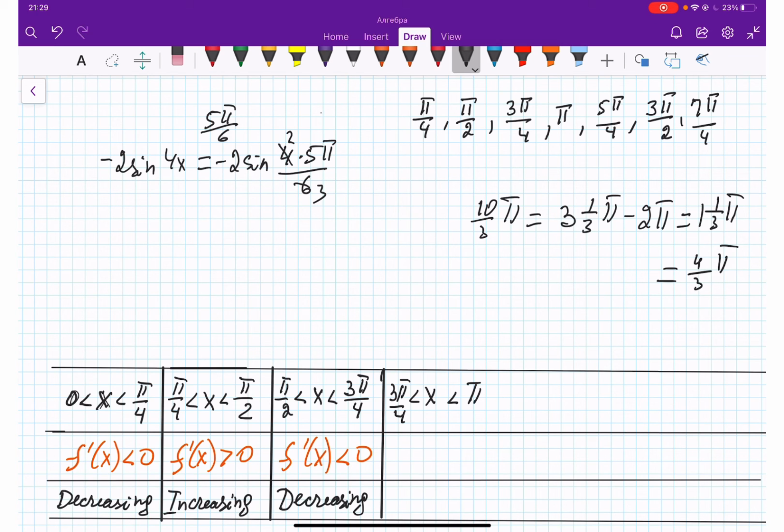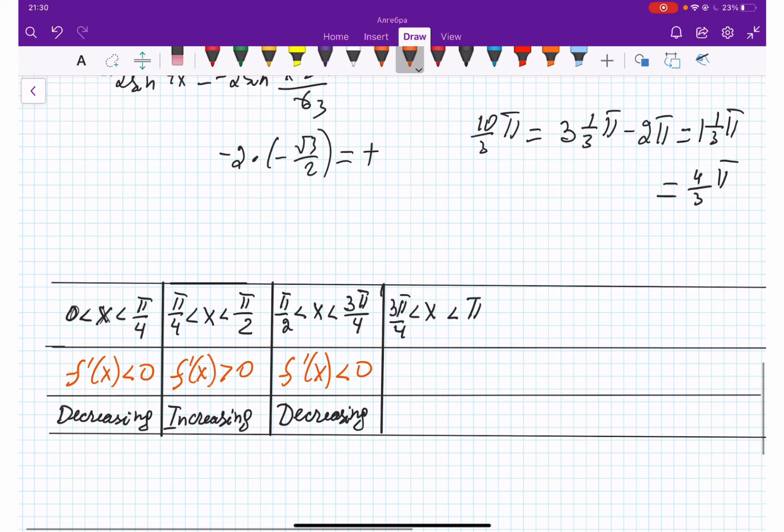So we have negative 2 times sine of 4 pi over 3, it's going to be negative square root 3 over 2, which will end up with plus. And that means our derivative is positive and the function is increasing.